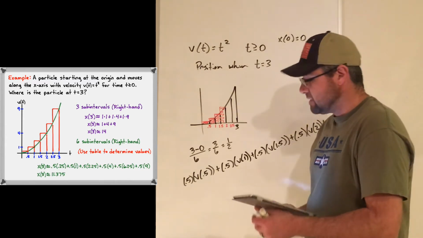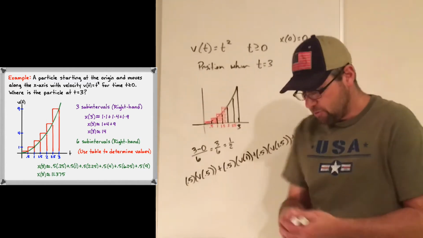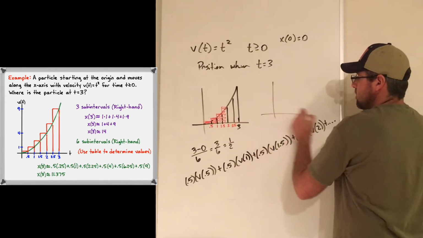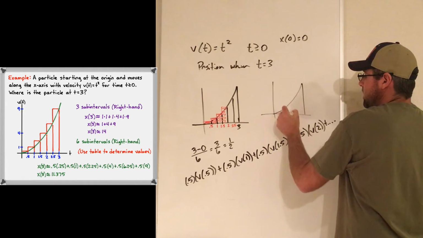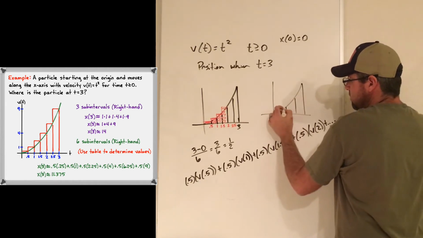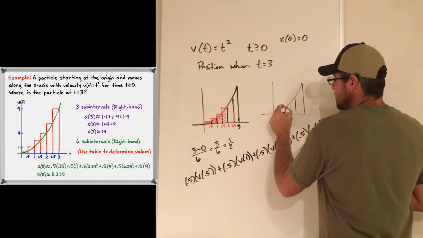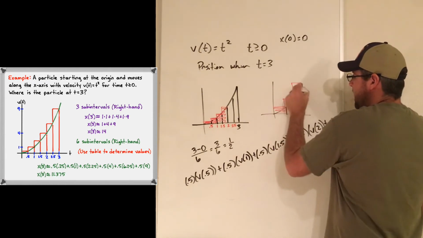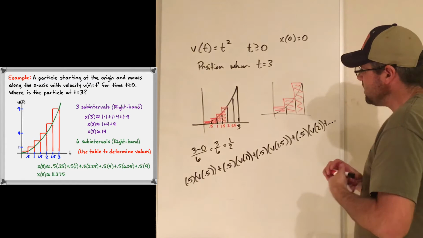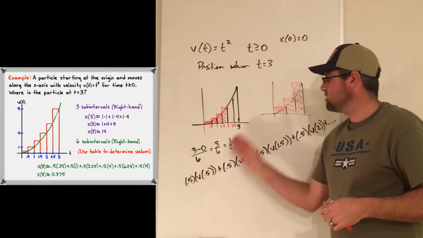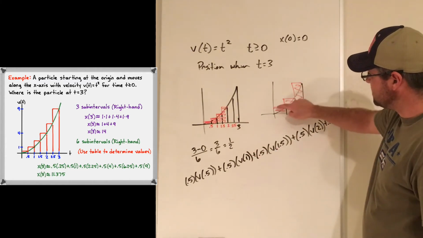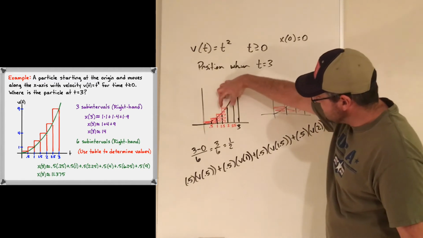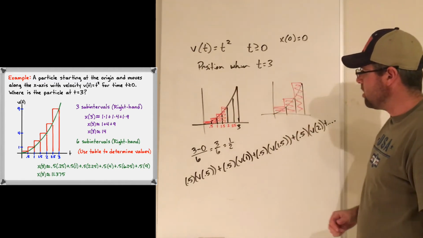And so it kind of makes sense that when I had 3 subintervals here, I only cut my function into 3 subintervals, you can see that there's all this extra space that we're counting that we really shouldn't be counting. So that's why we cut it into smaller pieces. You can see all this extra space here is being eliminated as we make the rectangles smaller and smaller and smaller.